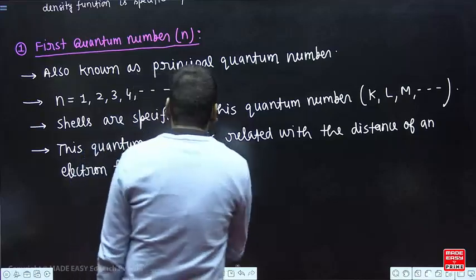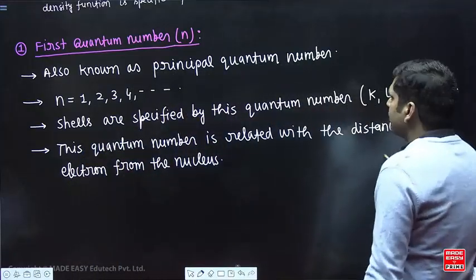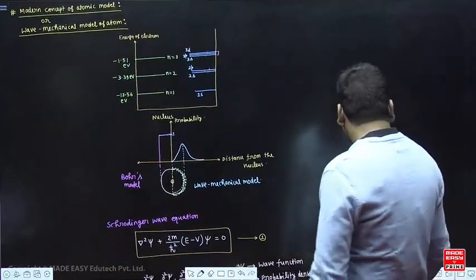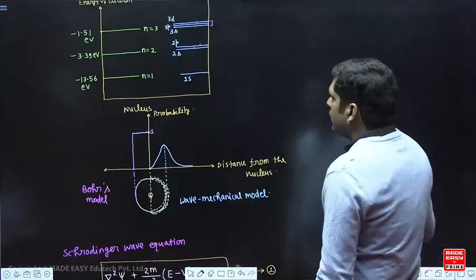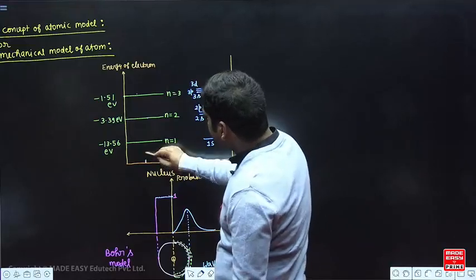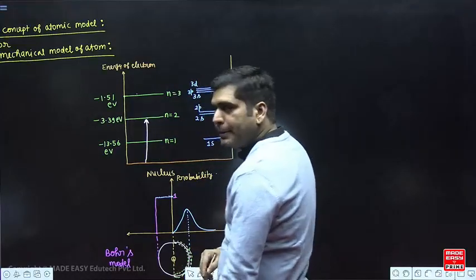You see, my dear friend, this point is either in the first shell or second shell. So basically it is giving you the distance of the electron from the nucleus.